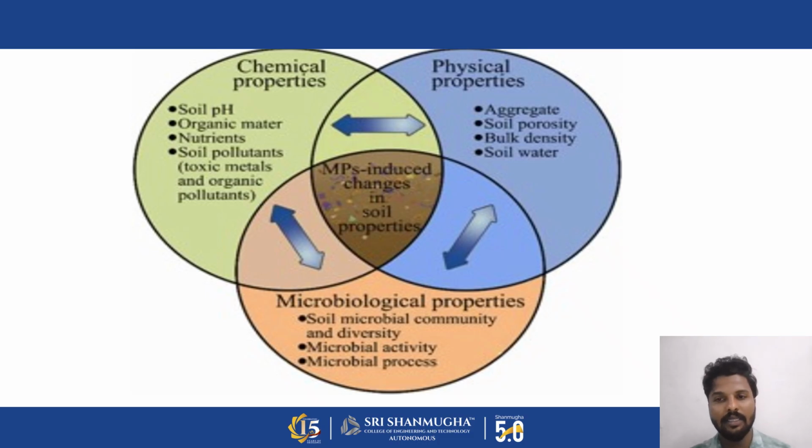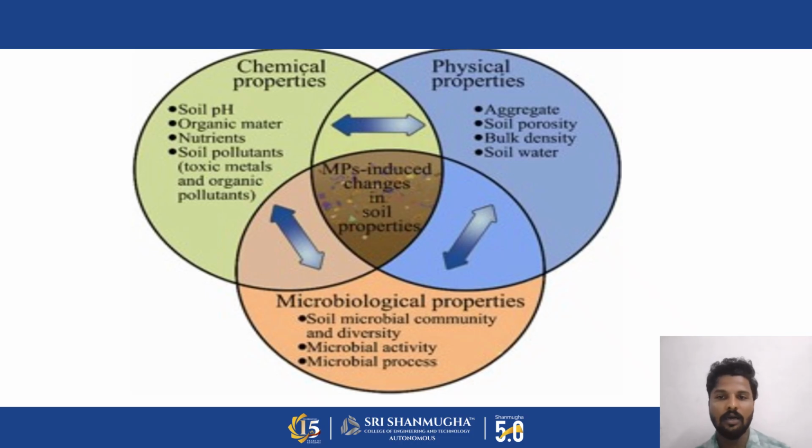Here, the MP in the center denotes microplastics. The diagram shows that the health and function of soils are governed by the interaction of three major categories of properties: chemical properties, physical properties, and microbiological properties.